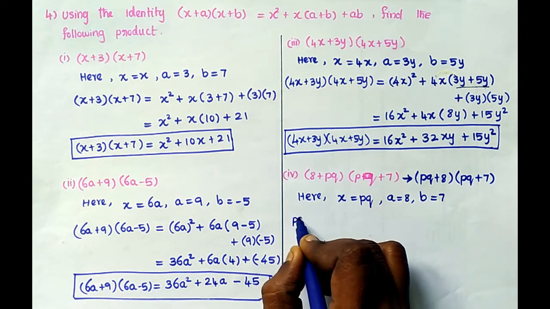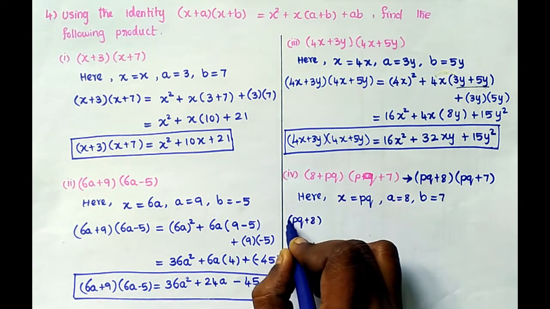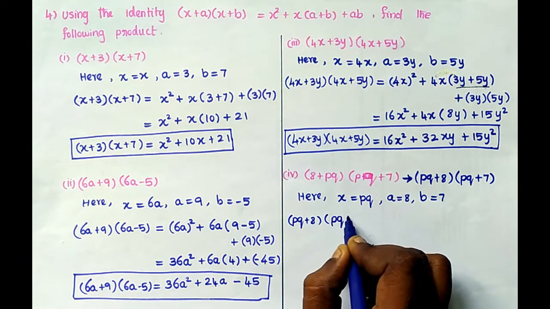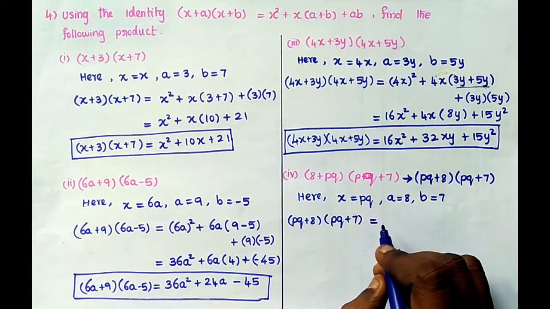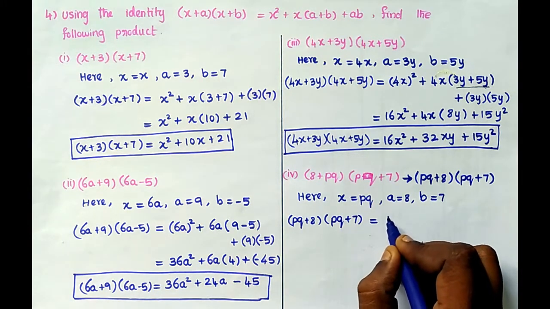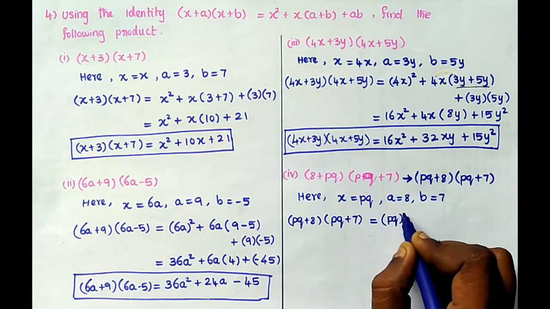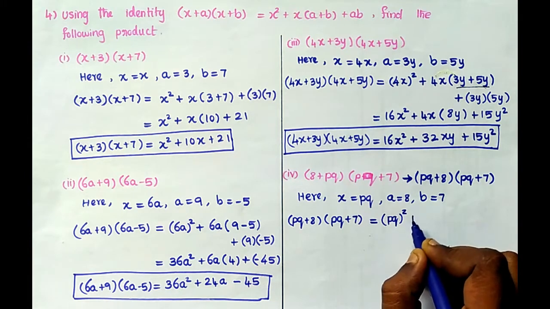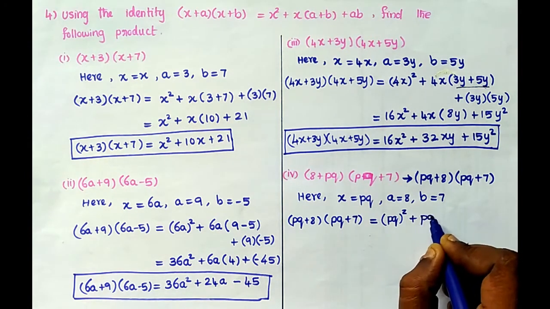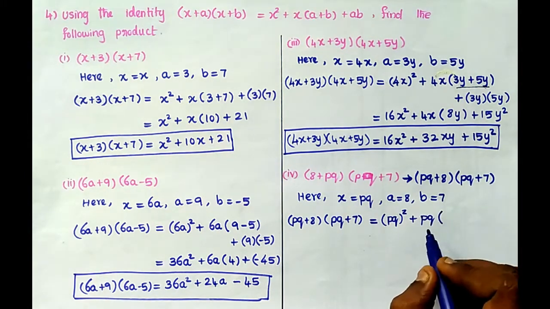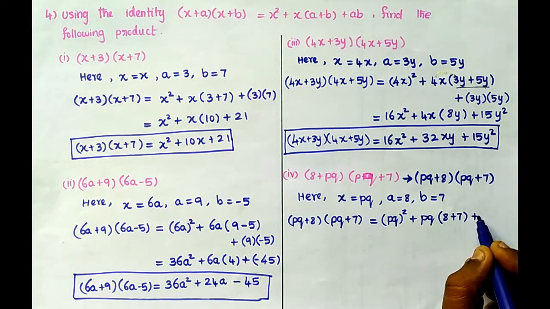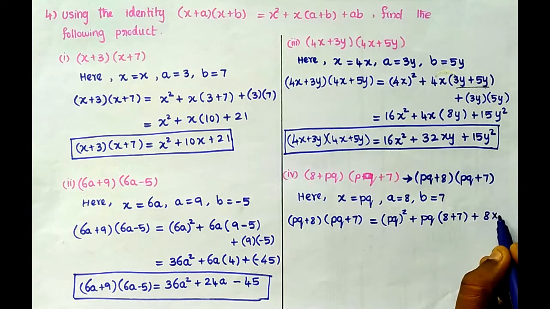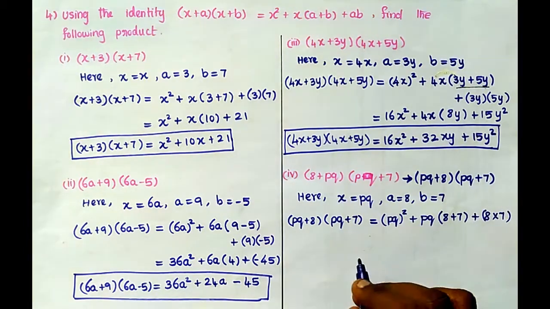Now (pq + 8)(pq + 7) is equal to first x squared, that is (pq) whole squared, plus x into (a + b), that is pq into (8 + 7), plus ab, that is 8 into 7.